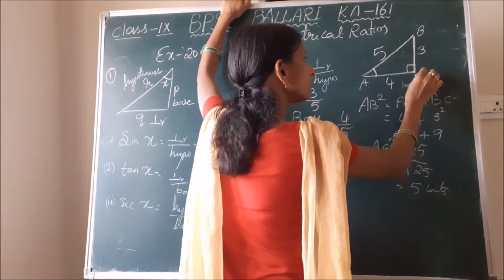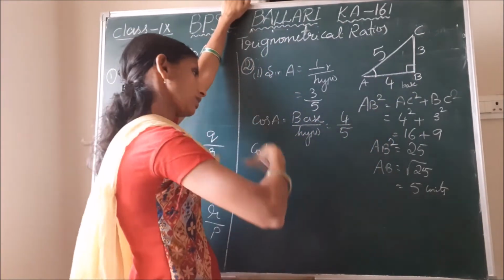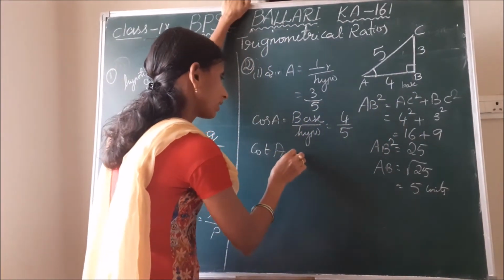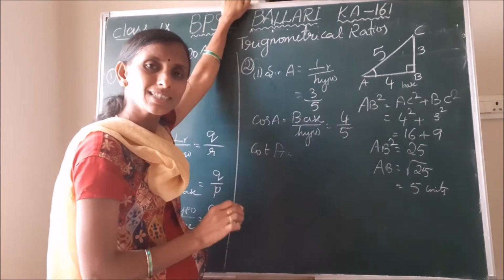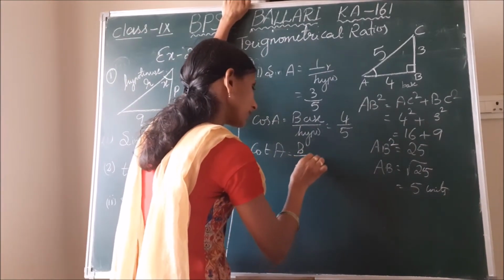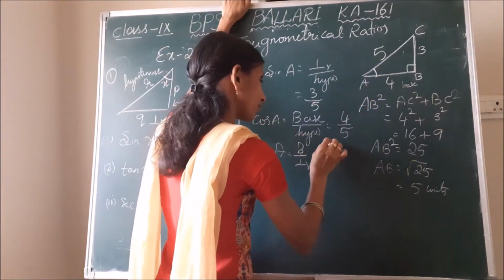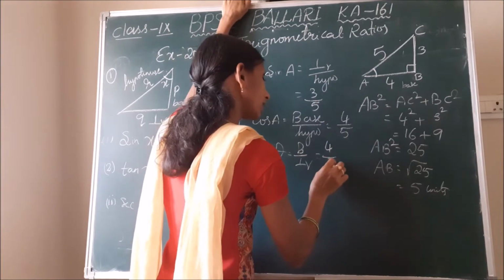Sorry, in the figure it is given as B, C like this. Next, cot A. Cot means base by perpendicular. So what is the base here? 4 by 3.